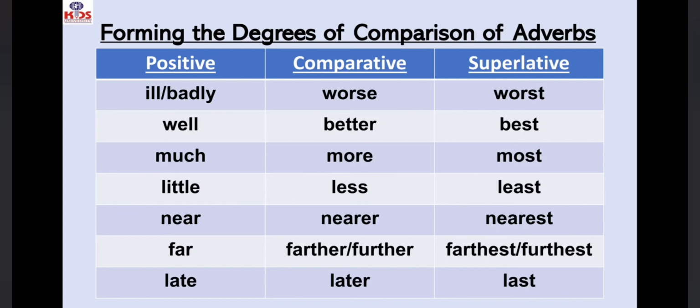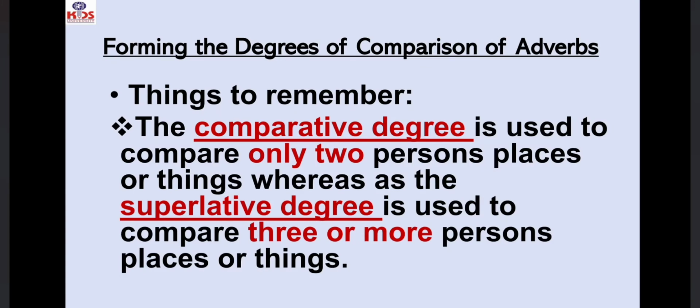Little: less, least. Near: nearer and nearest. Far: farther or further and farthest or furthest. Late: later and last.